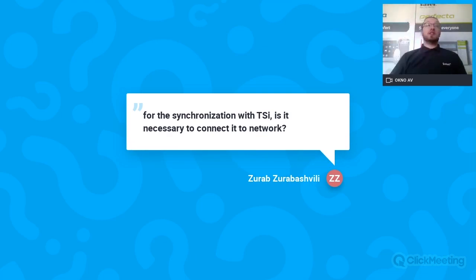Okay, next question. For the synchronization with the TSI, is it necessary to connect it to the network? No. If you want to use an SD card and put it in the SD card reader, you can do it. You don't need a local network for it. If you want to send remotely, yes, you need a local network. So in general, no, you don't need to.